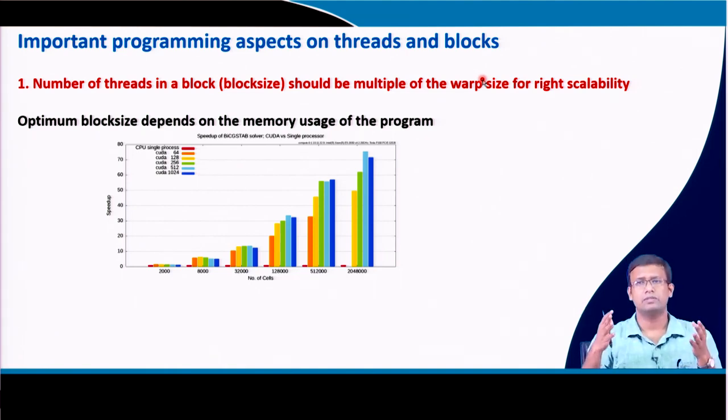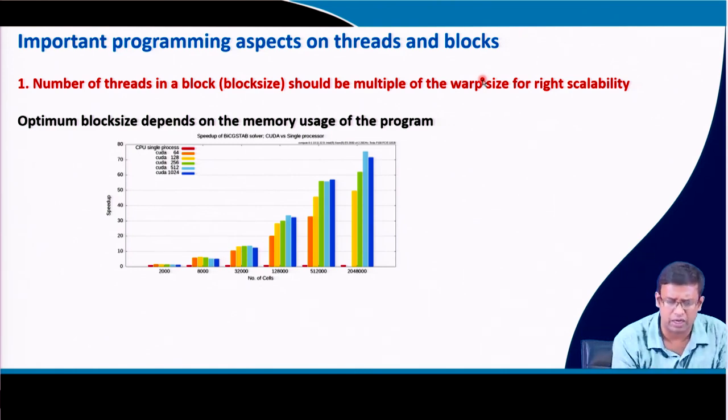But once one warp is finished, the next warp will be taken. Now as context switching is there, it matters how much memory they are searching for, or if they are using shared memory or on-chip memory. So depending on that, the optimum block size is a multiple of warp size, but how much depends on the programs and execution.